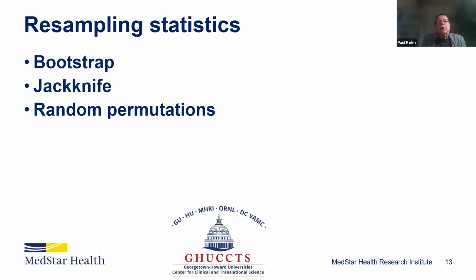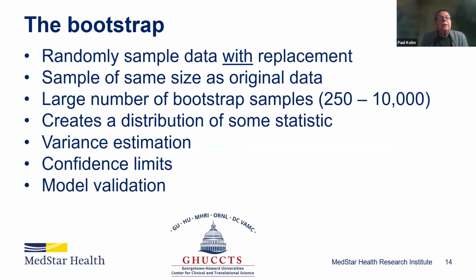What I want to focus on a little more than the ranks is the resampling statistics. The three we'll talk about are the bootstrap, the jackknife, and random permutations. The bootstrap is basically randomly sampling our data with replacement.